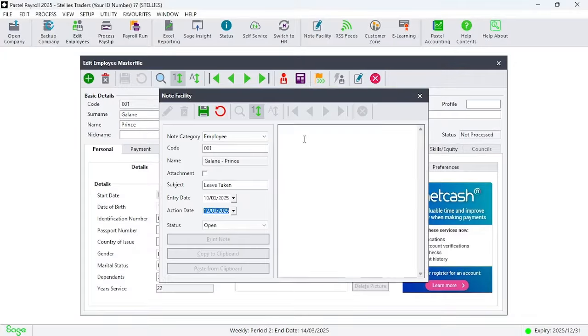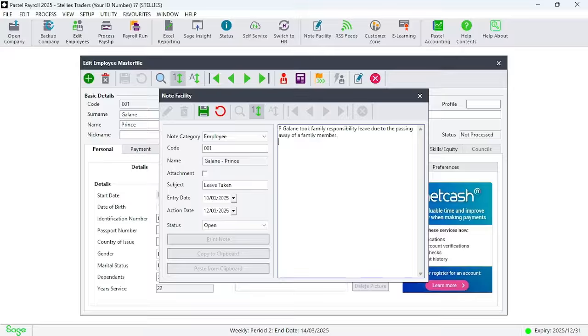And we're going to state here that P. Galani took family responsibility leave due to the passing away of a family member.